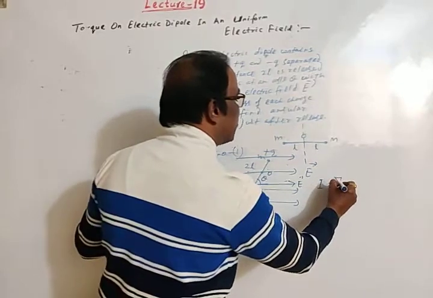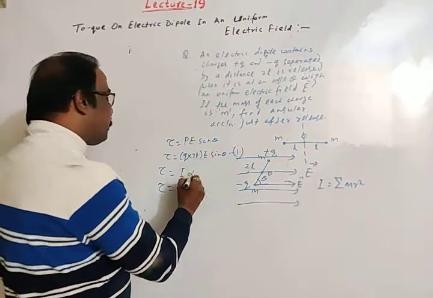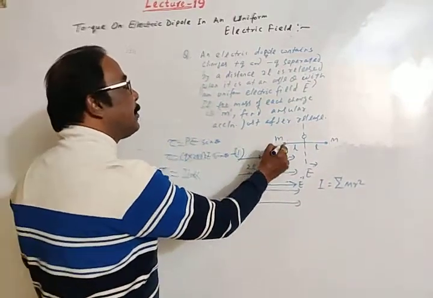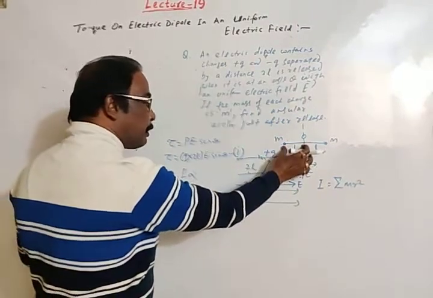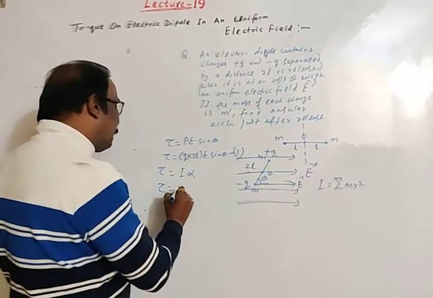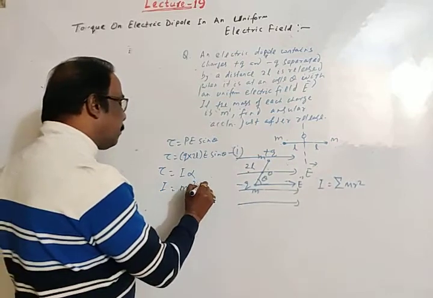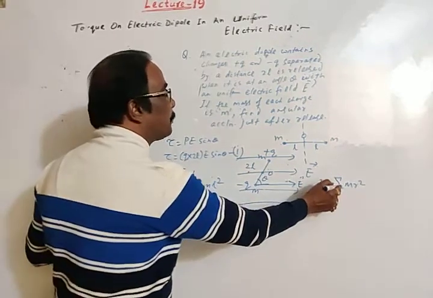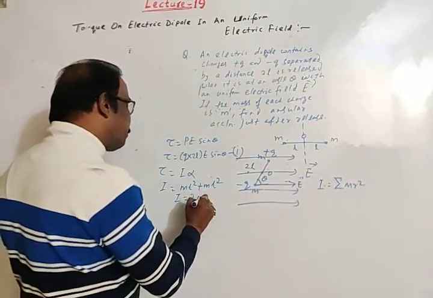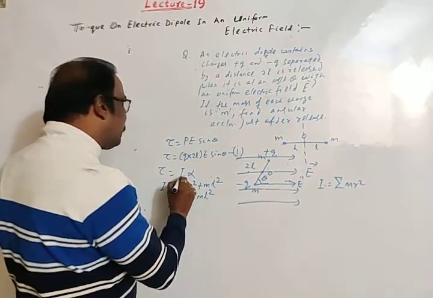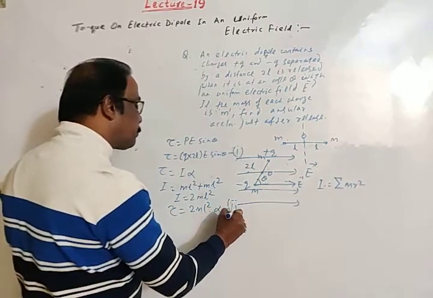Moment of inertia is the sum of m r squared. The masses of the particles are the same and the distance from the axis is L, so the total moment of inertia is m L squared plus m L squared, which is 2 m L squared. Then torque is equal to 2 m L squared into alpha. This is equation 2.